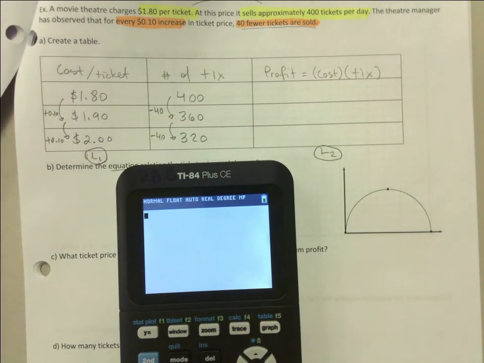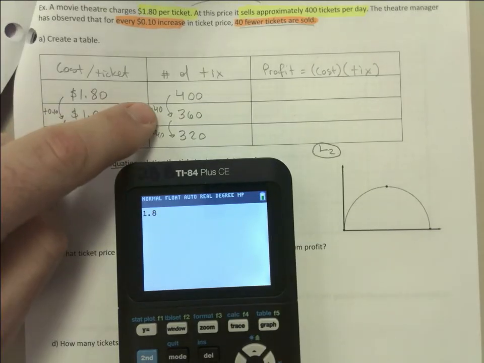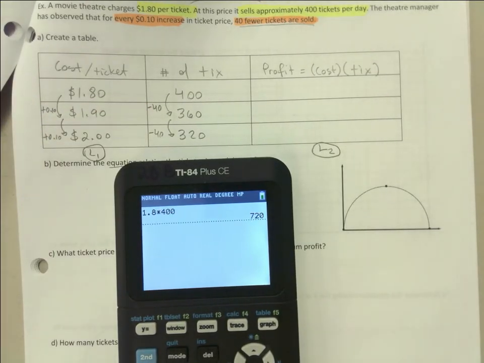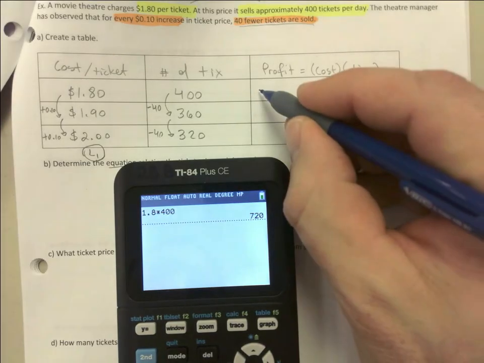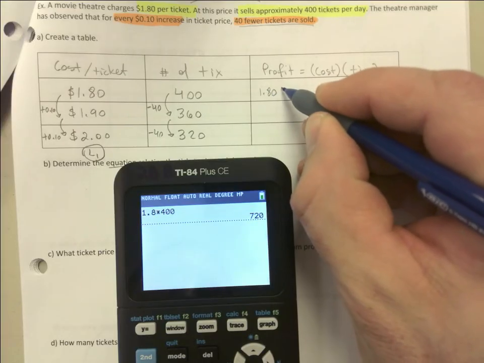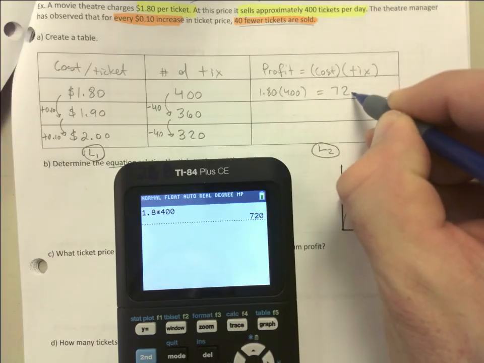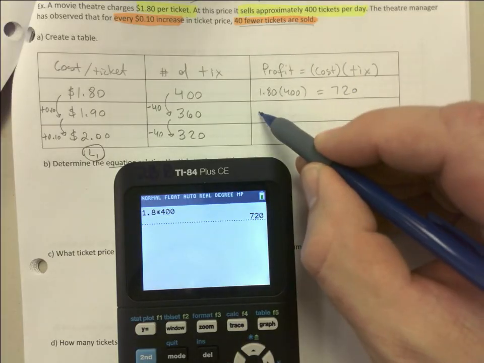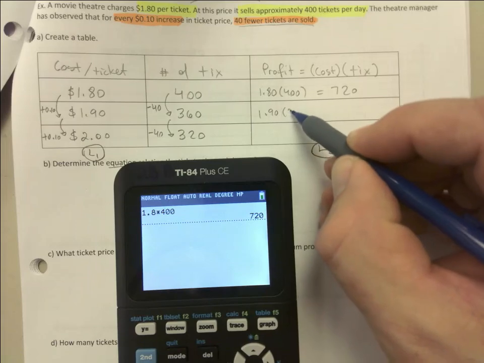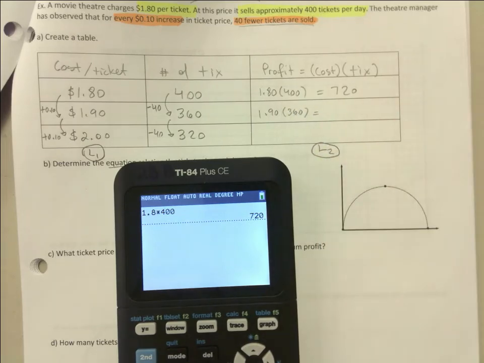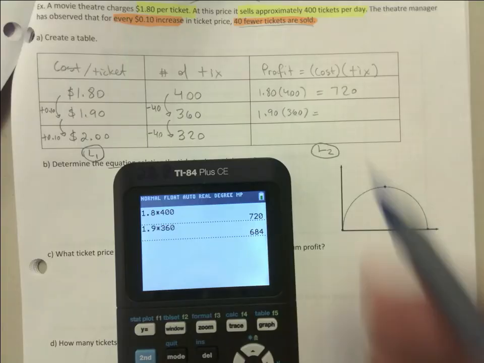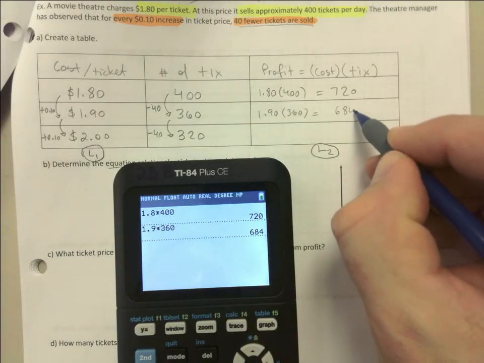I won't show you the trick yet because I don't want you to make that mistake. So we're just going to go 180 times 400 and write it down. We're going to go 180 times 400 and write down that that's 720. Then we're going to go 190 times 360. That's 684.